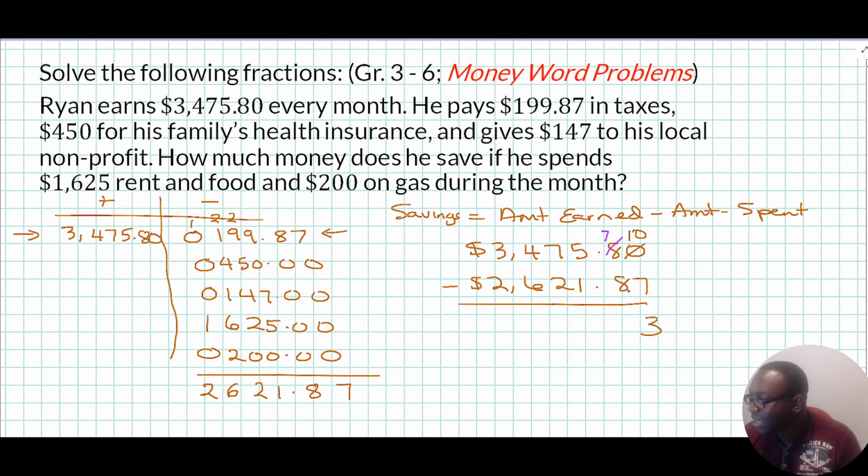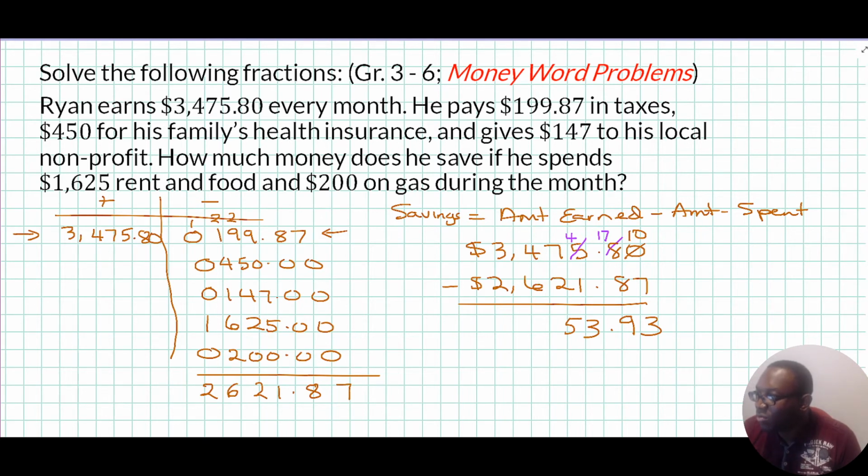7 minus 8, we can't do that. So I'm going to go over to the neighbor to borrow 1. The neighbor has 4 left. The one I borrow becomes 10. I add it to 7, it becomes 17. So 17 minus 8, we have 9. 4 minus 1, we have 3. 7 minus 2, we have 5. And then 4 minus 6, we cannot do that.